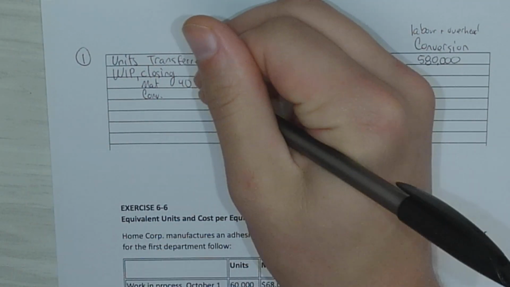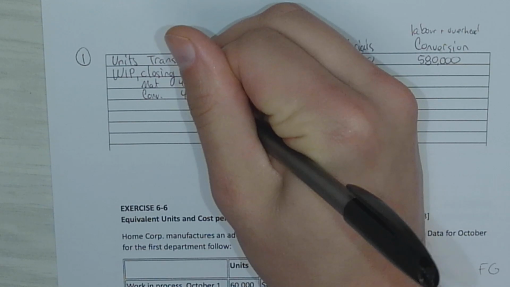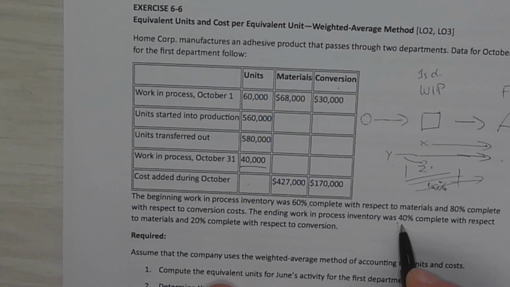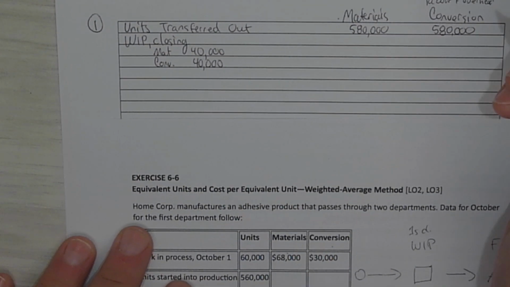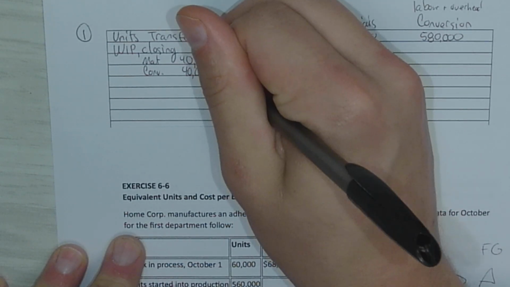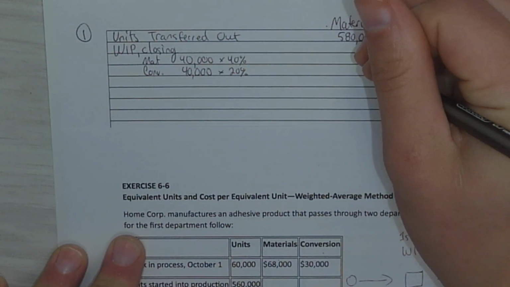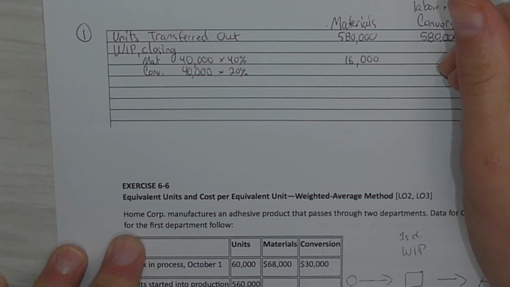Materials and conversion both have 40,000 here, but they each have a separate amount that is complete: 40% with respect to materials and 20% with respect to conversion. So here I'm going to add 40%, 20%. And I've got 16,000 and 8,000.